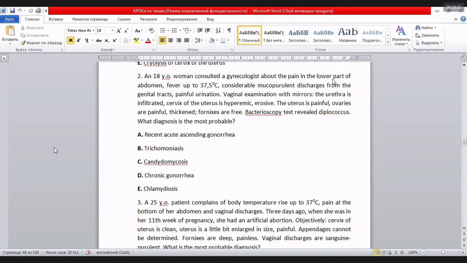But we have mucopurulent discharges, painful urination, hyperemia, erosion, infiltration. All these are signs of acute gonorrhea, recent acute ascending. And chlamydia, there is no word about chlamydia. Chlamydia is very difficult to reveal, only with the help of a PCR test, and usually the woman has complaints of infertility sometimes at all. There are no symptoms.